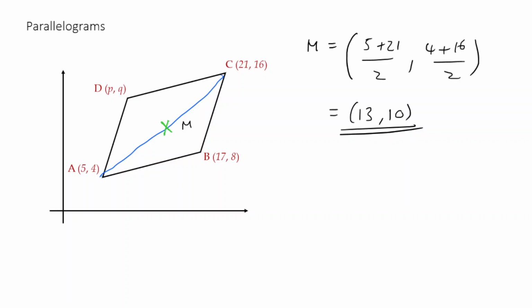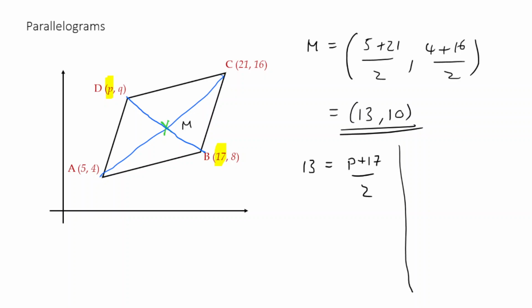Well, now here's how that helps us to find D, because if you remember, I said that the midpoint of BD is the same as the midpoint of AC. So in other words, I can apply the same principle. I know that the x-coordinate of the midpoint is 13, and that's got to be equal to this x value plus that x value, so P plus 17 divided by 2.